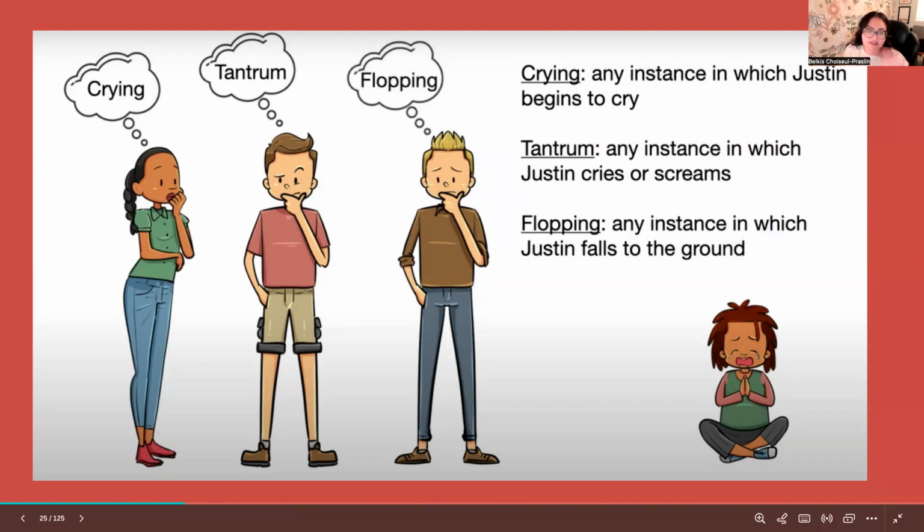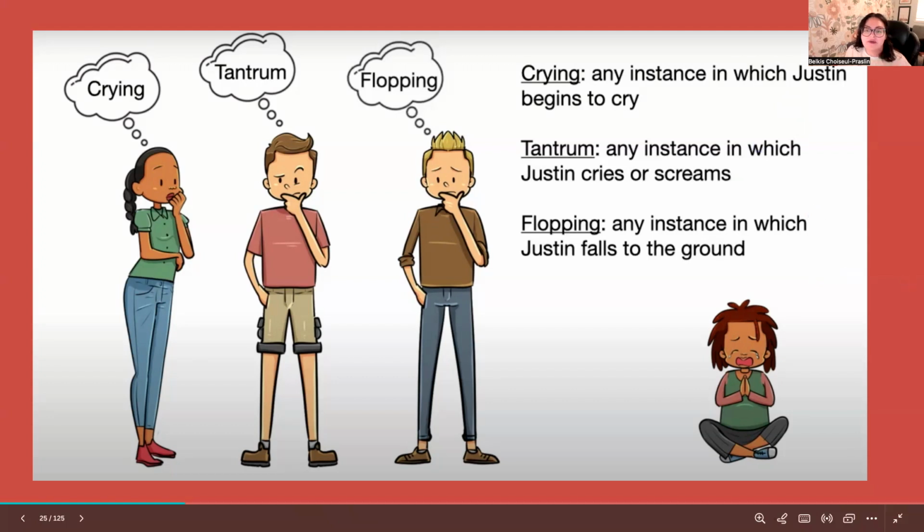At first glance, these definitions might seem fine, but they're actually a little too vague and in some cases overlapping. Because if tantrum also includes cry, then am I tracking crying or am I tracking tantrum? So it gets really interesting here, and we need to be far more specific than just these definitions here.